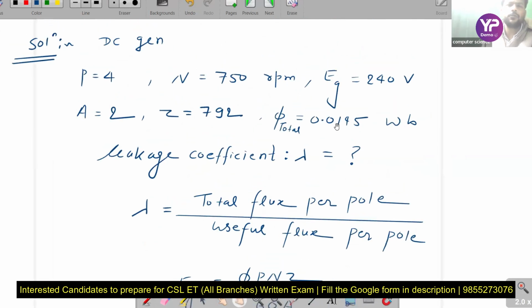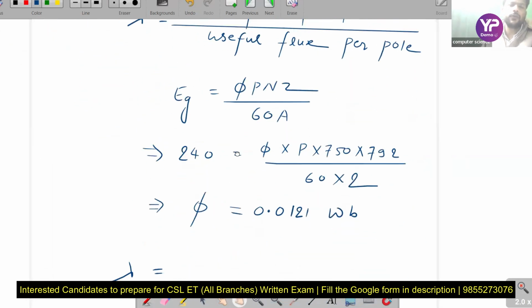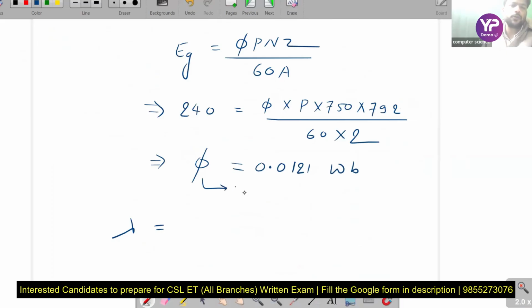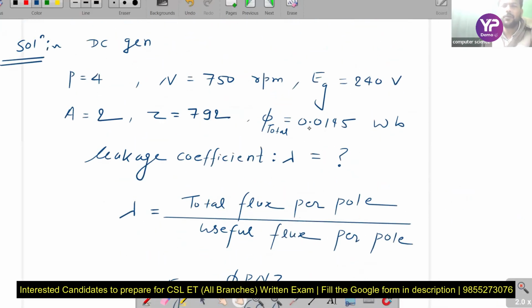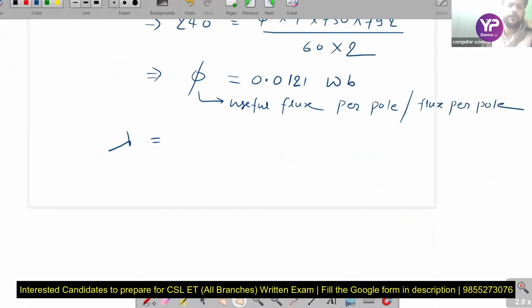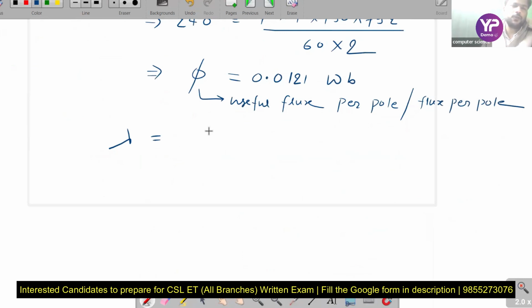Now we use the formula: leakage coefficient is total flux per pole upon useful flux per pole. The total flux per pole is 0.0145, and the useful flux per pole is 0.0121.